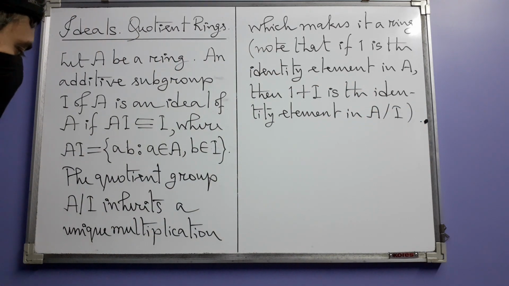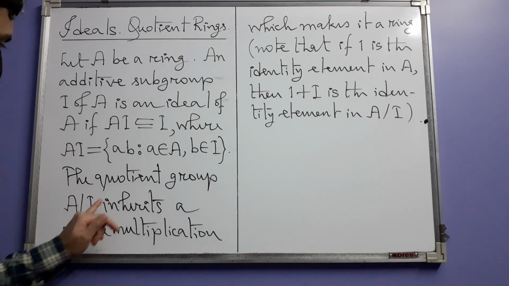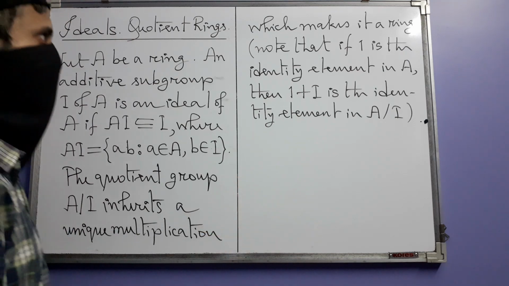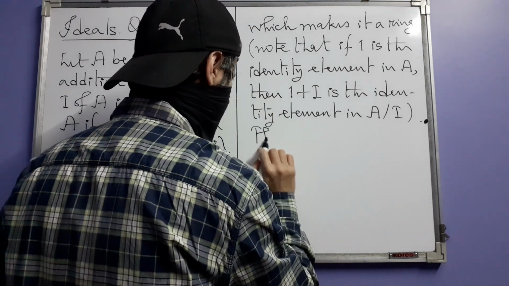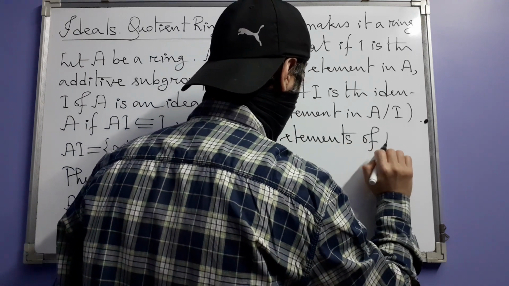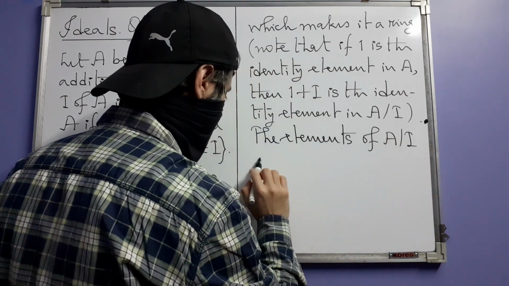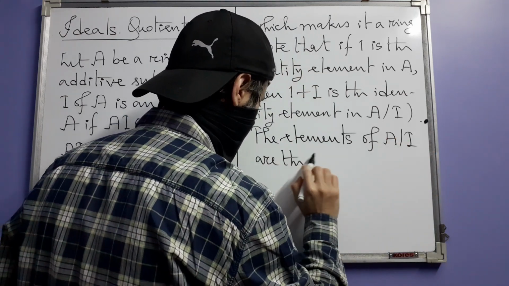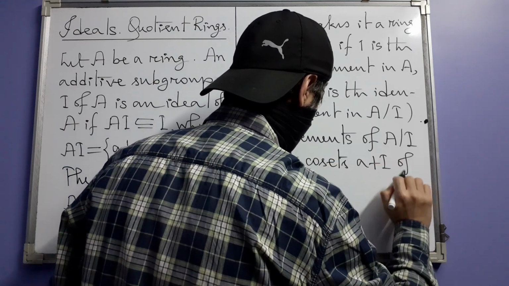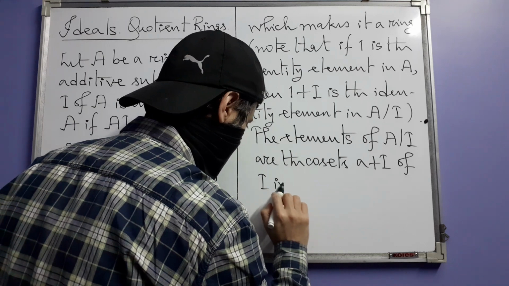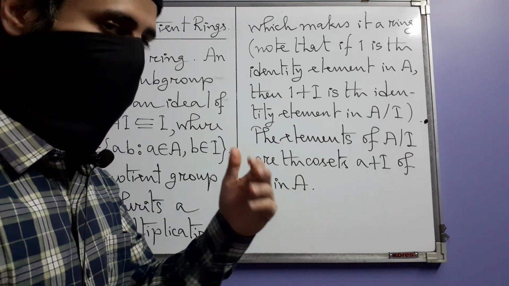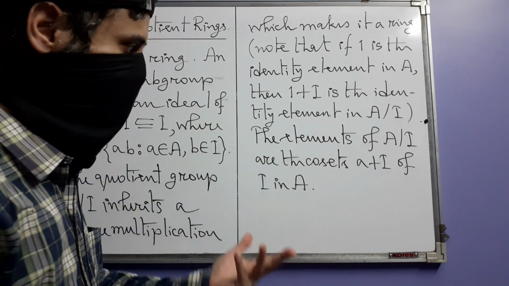We also know from group theory that the elements in this quotient group are cosets. In fact, let's just write that now. The elements of this ring are the cosets of the ideal I in A. Actually, the term coset is for groups, for subgroups in a group.